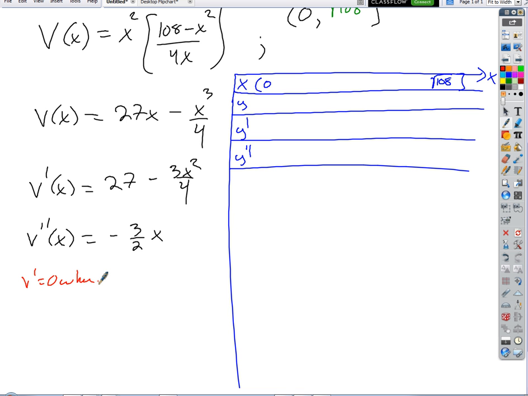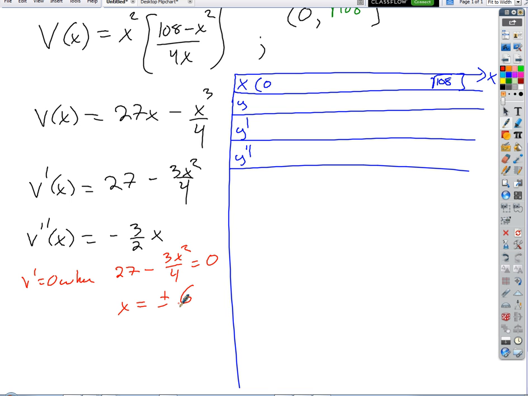We're gonna set that equal to 0, right? Everybody agree? So that's gonna be when x equals plus or minus 6.